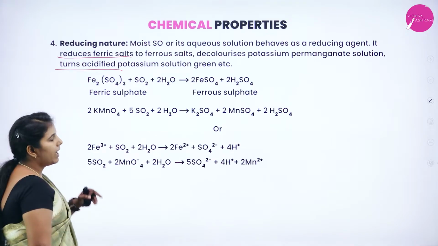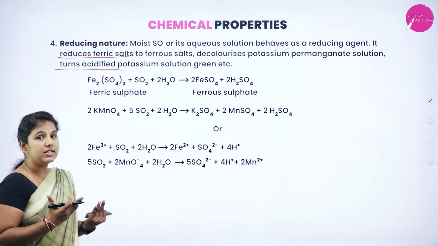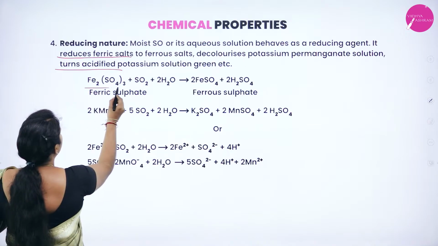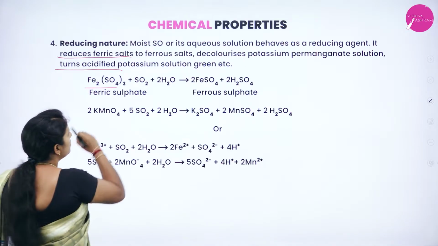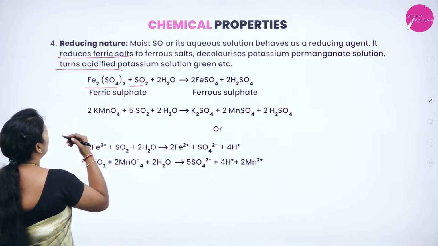So here I have two reactions to show that sulfur dioxide is also acting like what? A reducing agent. You can see that if you take ferric sulfate, which is allowed to react with sulfur dioxide in presence of water, what does it form?